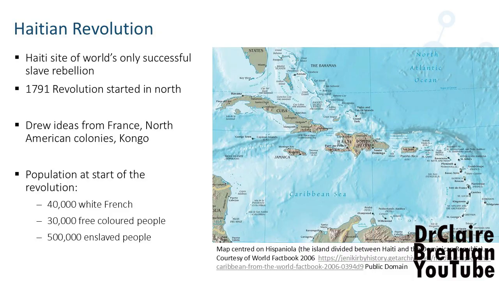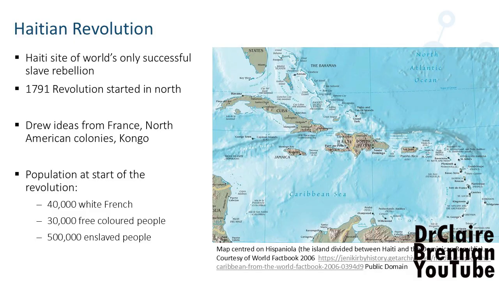It's a very interesting article and well worth looking at because it draws out the thinking that was going on in Congo that was inspiring people there to engage in war, and how they brought those ideas and mixed them together with these other ideas from North America and from France, and considered their situation as enslaved people on this island in the Caribbean.